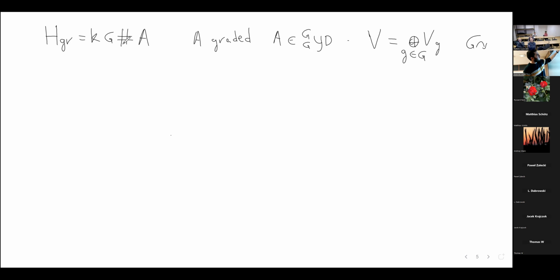That's the G coaction, that's the G action, and they should be compatible with one another. If I act with g on the homogeneous component V sub h, it shouldn't be the same as V sub h. V sub h is usually not a subrepresentation, but it should be g V sub h equals V sub ghg inverse.